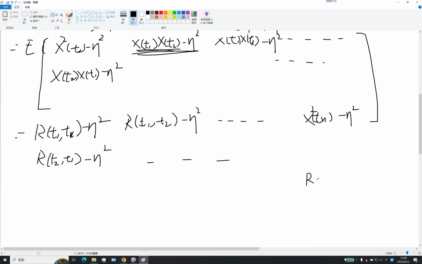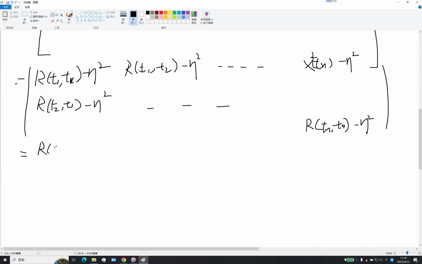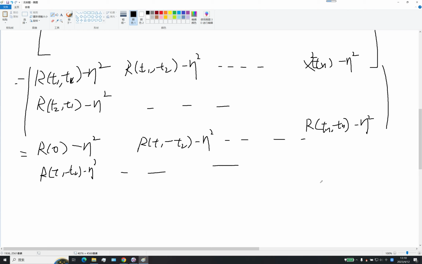And the last one is R(tn, tn) minus eta squared. And in this form, we know that when this is t1, t1, it is tau equal to t1 minus t1, which is 0. So this is equal to R(0) minus eta squared. This is R(t1 minus t2) minus eta squared, and so on. And this is also R(t1 minus t2) minus eta squared. And the last one is R(t1 minus tn), where tn minus tn is 0, so this is also 0.